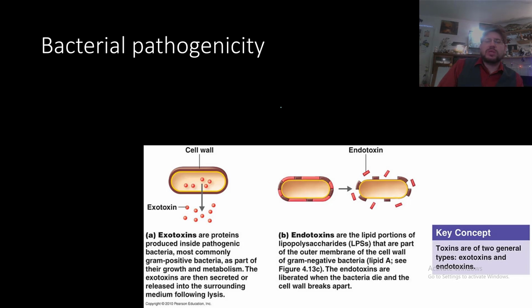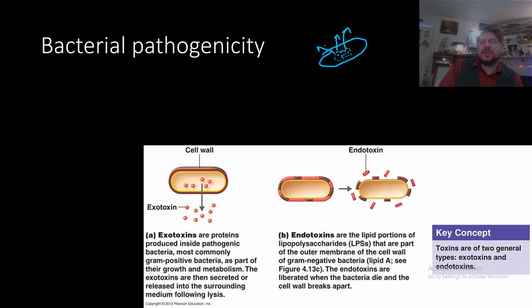All right. So when we talk about how bacteria cause disease, that's primarily through toxins, right? Chemicals that cause damage to your ability to maintain homeostasis, right? So there are two different ways a bacteria can subject you to toxins. One, they can produce the toxins inside the bacteria and then secrete them into your body.